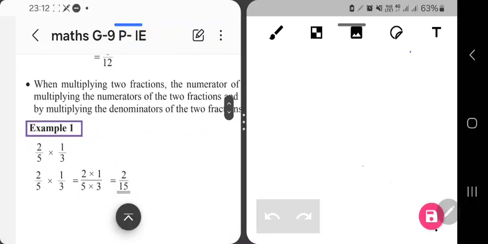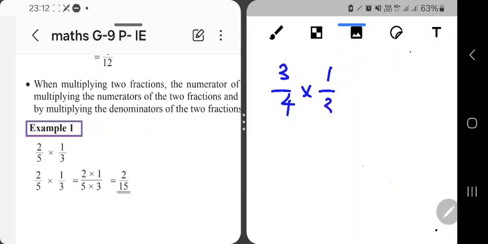Now multiplying is even more easy. So let's figure out multiplying. Let's say 3 over 4 times 1 over 3. To calculate this, it's pretty easy. It's not as complex as doing additions and subtractions. You just have to multiply the numerators and denominators: 3 by 1, which is 3, and 4 by 3 is 12.